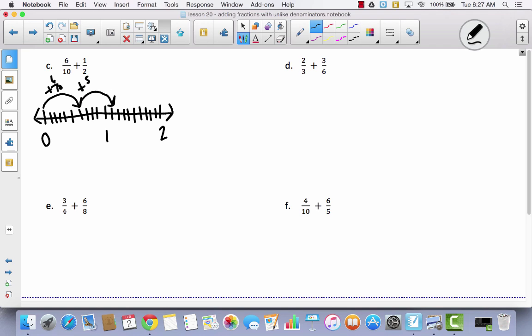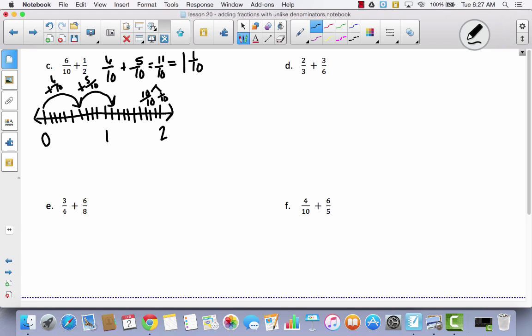So now I have plus 5/10, and where do I end up? I end up right here, which is 1 1/10 or 11/10. So I've got 6/10 plus 5/10 equals 11/10, which is the same as 10/10 plus 1/10, which is 1 1/10.